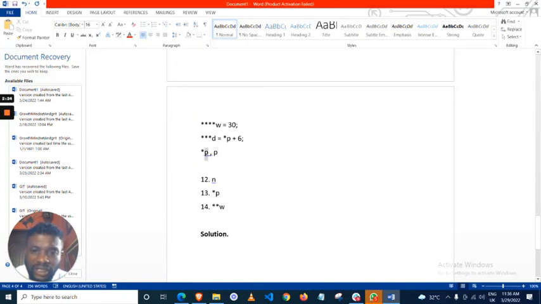But this is different. You are telling the system that you are changing the value contained in the address of P. P is holding the value of address to N. Now if you add asterisk to P, you are changing the value holding the address. In other words, you're changing the value of N directly from here.